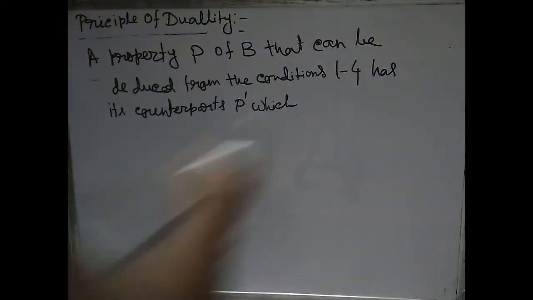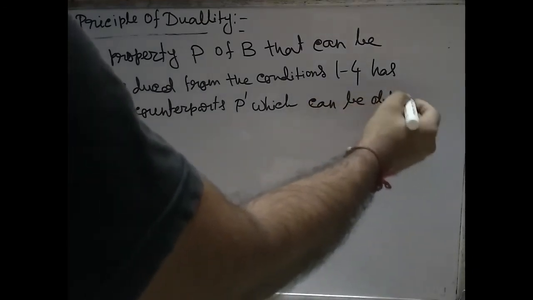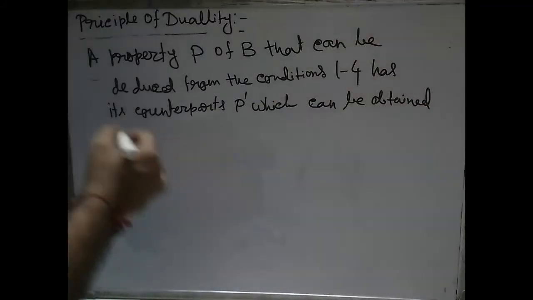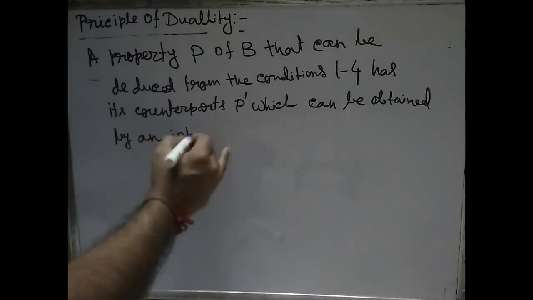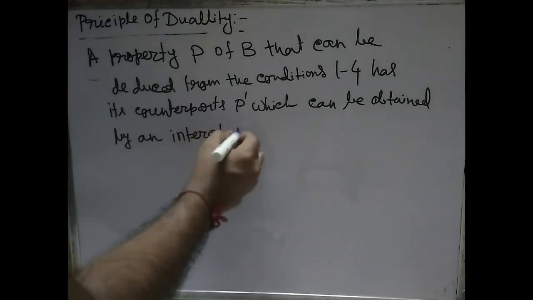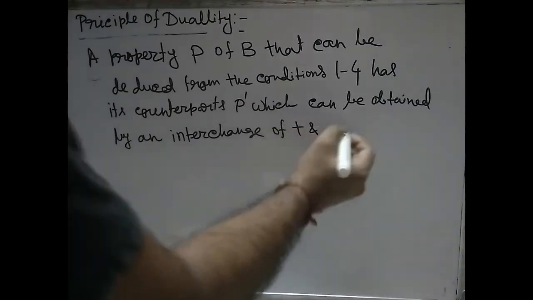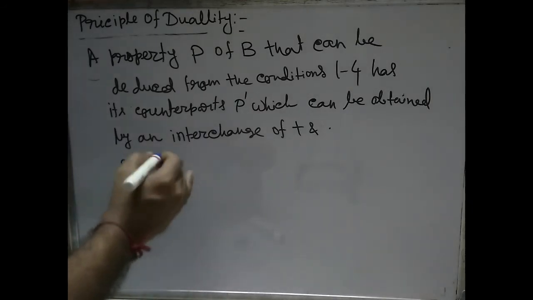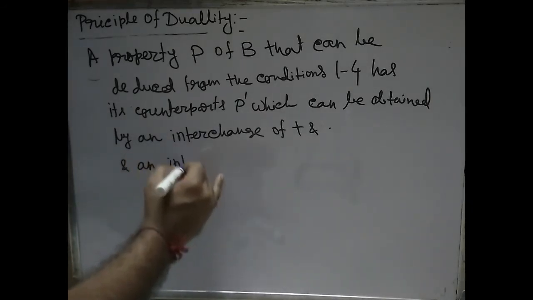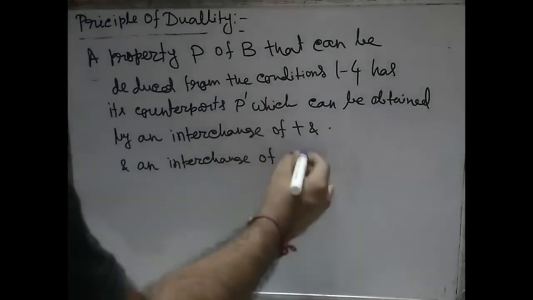which can be obtained by an interchange of plus and dot and an interchange of 0 and 1.